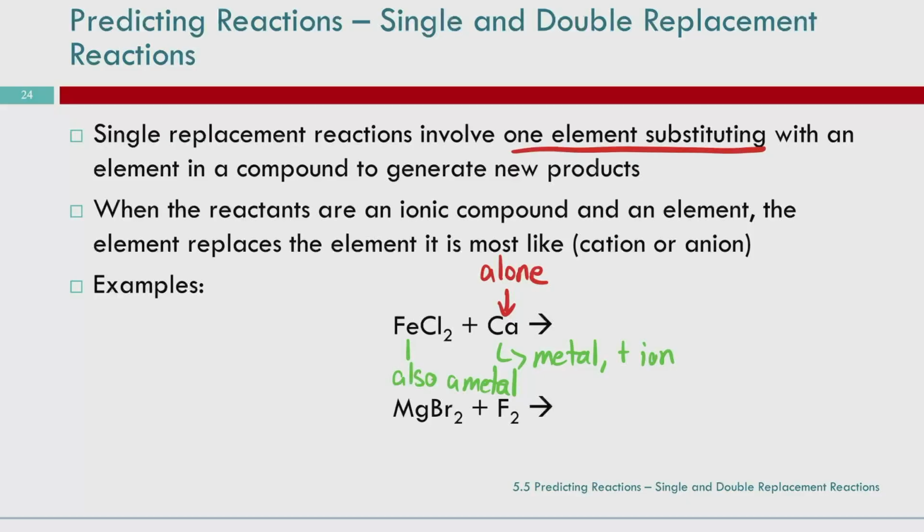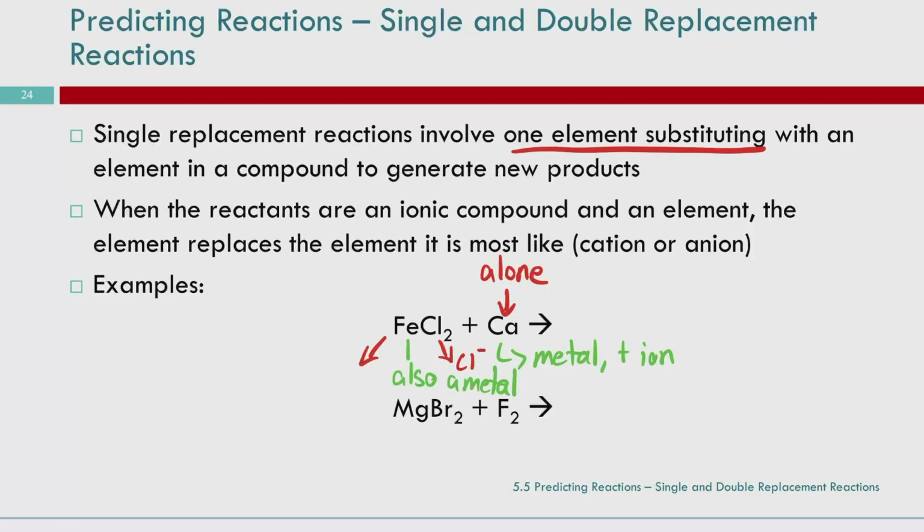Another part of this process is that we have to figure out how the calcium and the chloride are going to combine. So it may be helpful to split the iron and the chlorides apart. FeCl2, chlorine always forms a 1- charge.